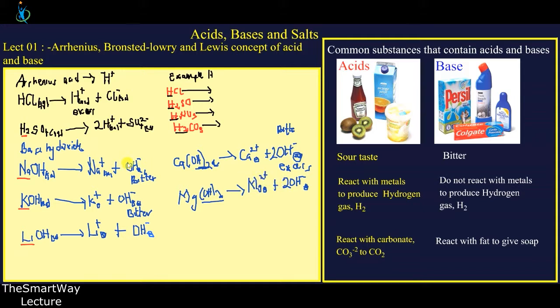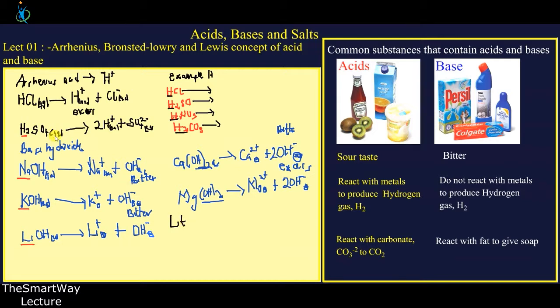Now, but again, I will tell you that Arrhenius faced a limitation. His concept of acid and base was limited, and so based on this limitation, other scientists also worked around that, and we came out with a more open theory that helps us to understand a larger group of substances. Arrhenius' limitation was that he limited acids to only hydrogen-containing compounds.